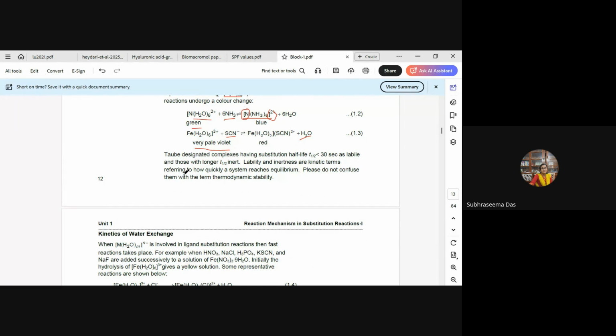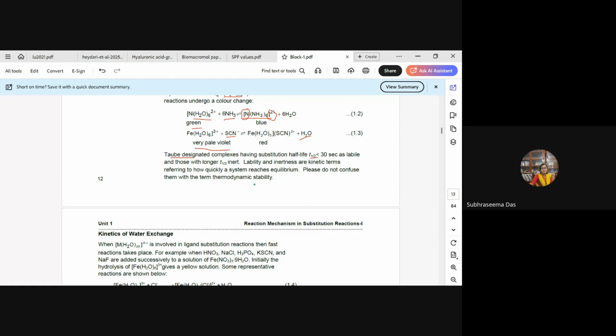Now there is one scientist, Taube, who designated complexes having a substitution half-life, t half, of less than 30 seconds as labile. So what is this t half? We all know what this t half is. T half means the time required for 50% completion of the reaction.